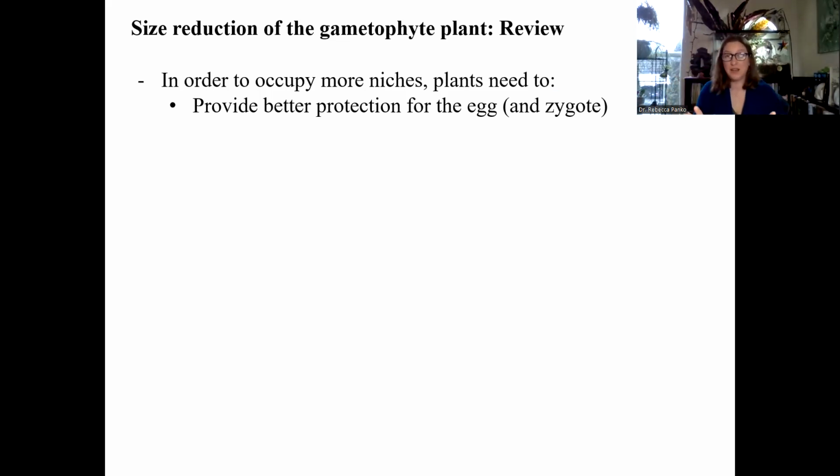Now what we need to get to the ultimate goal, which is a flower, is better protection for the egg and for the zygote. And in order to get there, we have to go from plants that are homosporous to plants that are heterosporous, meaning sporophyte plants. Don't get confused here.